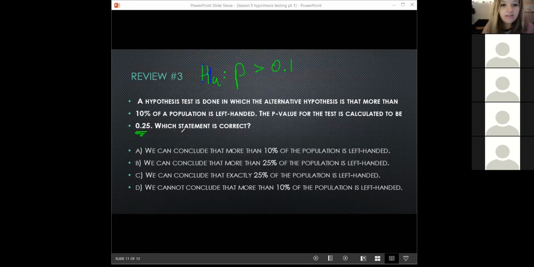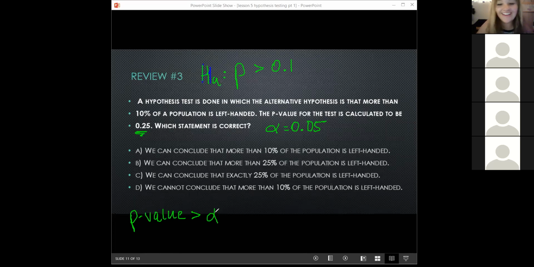So really, any type of rejection, depending what alpha is, usually the largest we even use is 0.05. So assuming that it is 0.05, you can always assume it is if we're not given it. Our p-value here is greater than alpha.